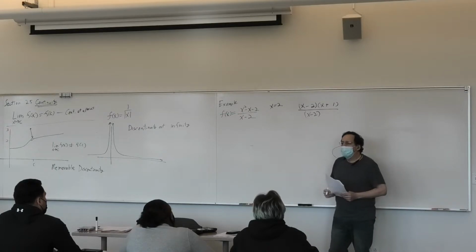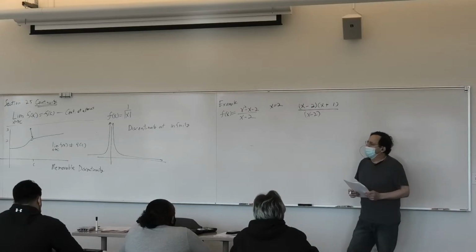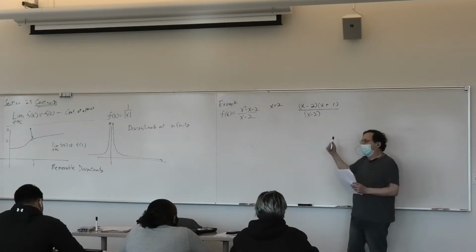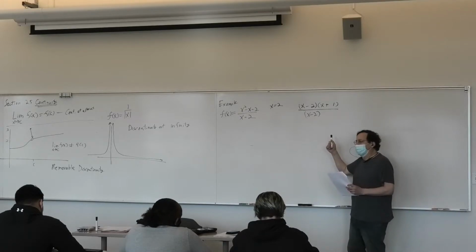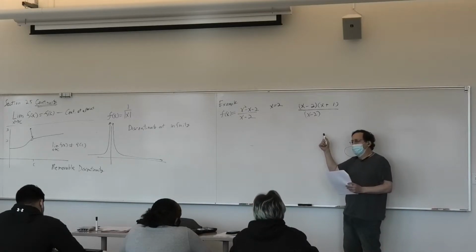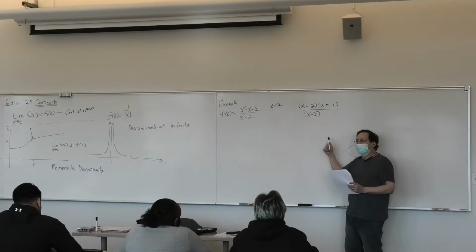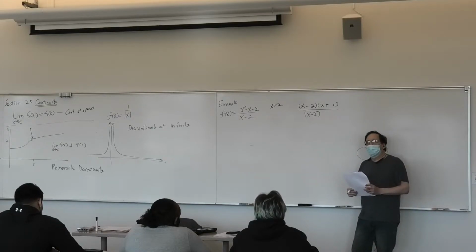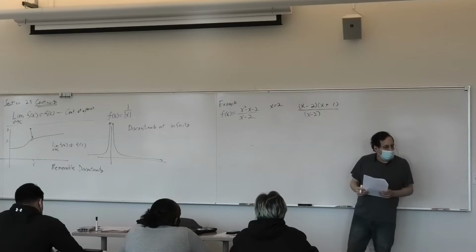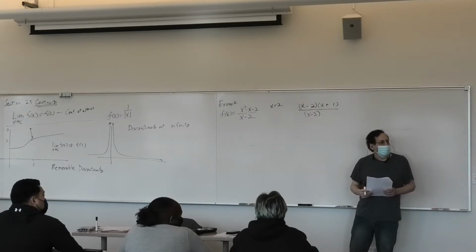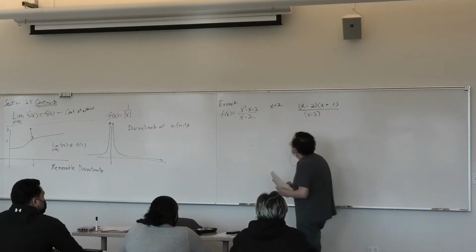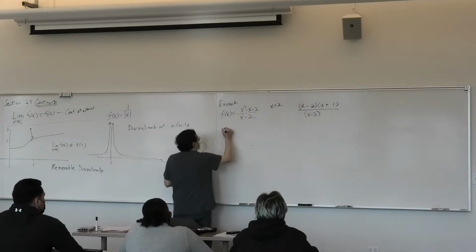Anyone have a thought on that? It's not at infinity and it's not everywhere, so what's left? It's either a jump or it's a removable. Yes? It's removable, yeah. Let's look at the function that removes it.